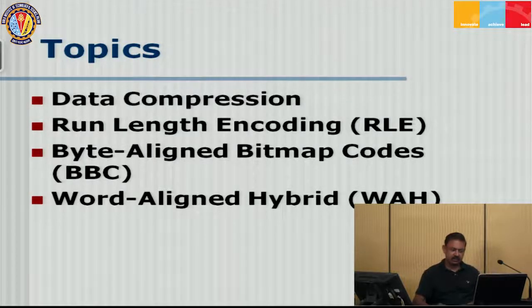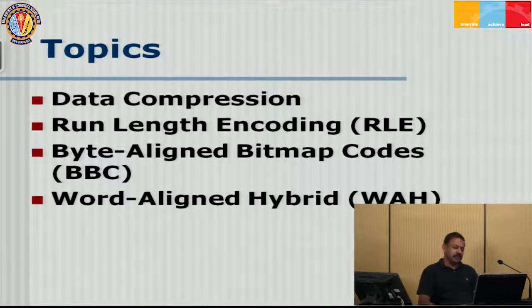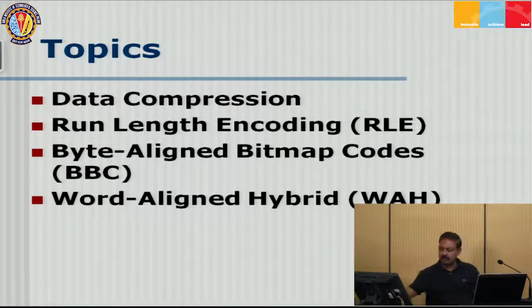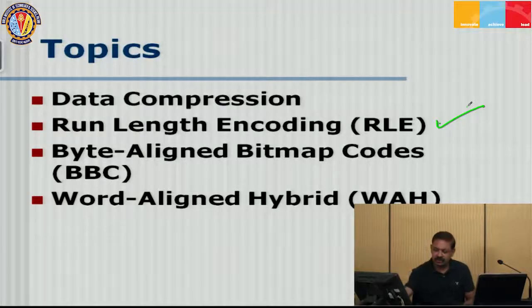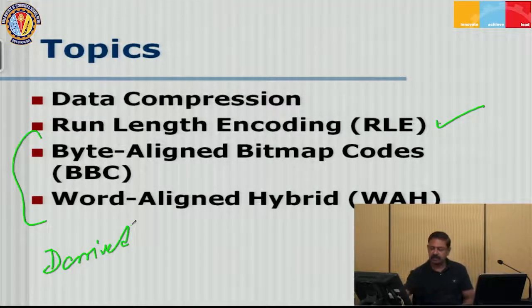Then there are two very popular compression schemes called byte aligned bitmap codes and word aligned hybrid. But for a first course, it is not required to go into these advanced techniques, which are quite intricate. What I'll do is give you a lot of details about run length encoding, and these two schemes are actually derived from run length encoding.